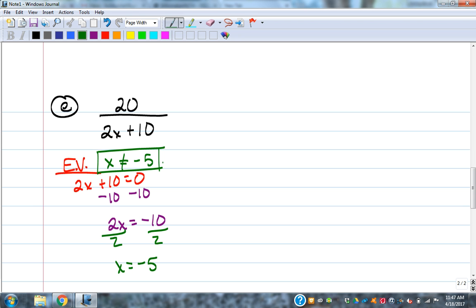Uses all those names. Now, the next thing to do is try to simplify. In order to simplify a rational expression, you want to think about factoring. So which one of those factors? The denominator, the 2x plus 10. How does it factor? All right, so the first thing we always look for in factoring is the greatest common factor. 2 would be that.